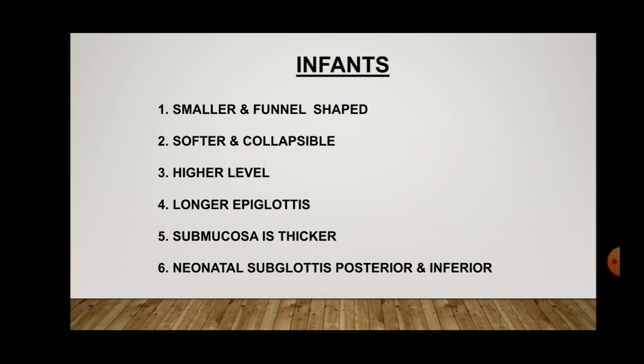The submucosa is thicker in infants, and hence it becomes edematous faster than in adults. That's why laryngeal obstruction is faster in infants, and the subglottic part is directed posteriorly and inferiorly. So this direction has to be borne in mind during endotracheal intubation in infants.